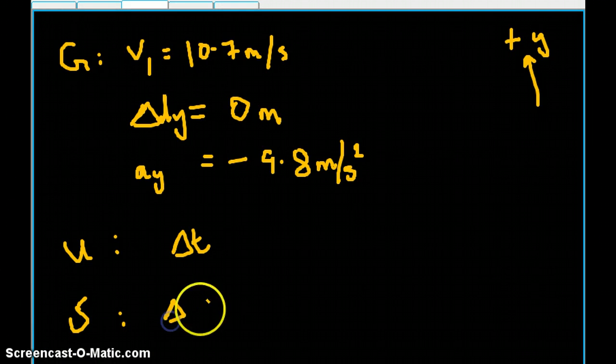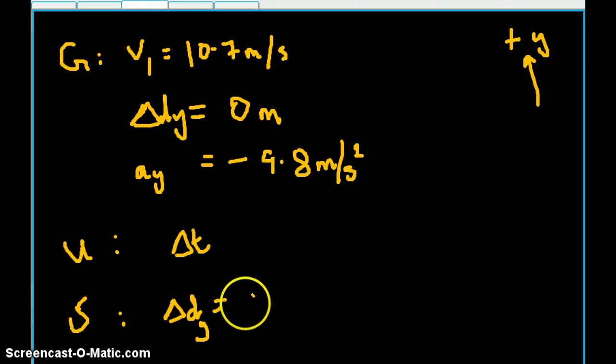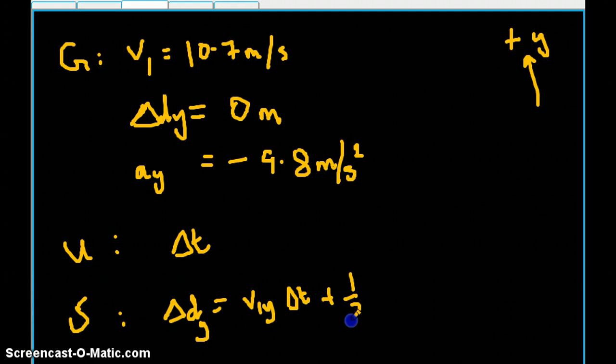here we go, delta d, and this is in the y direction, so make sure you write down your components. So delta dy equals v1y times delta t plus 1/2 times ay delta t squared.